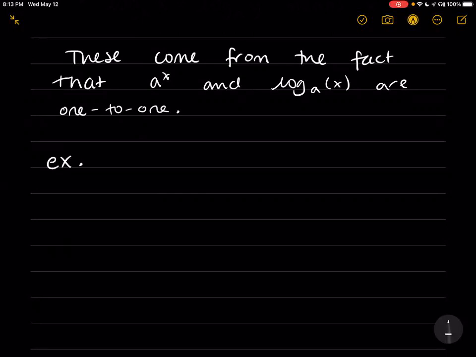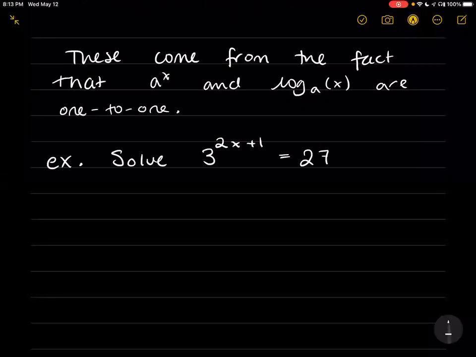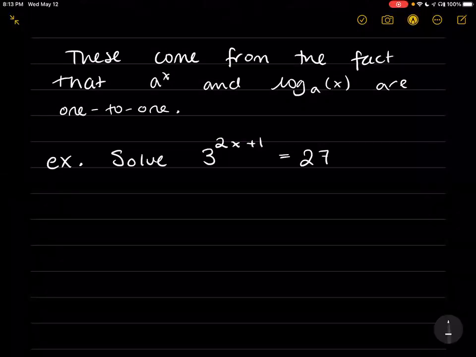So let's say, for example, we wanted to solve something like 3 to the 2x plus 1 equals 27. Now, 27 is 9 times 3, and 9 is 3 times 3, so 27 is 3 cubed. So we can rewrite this equation as this.